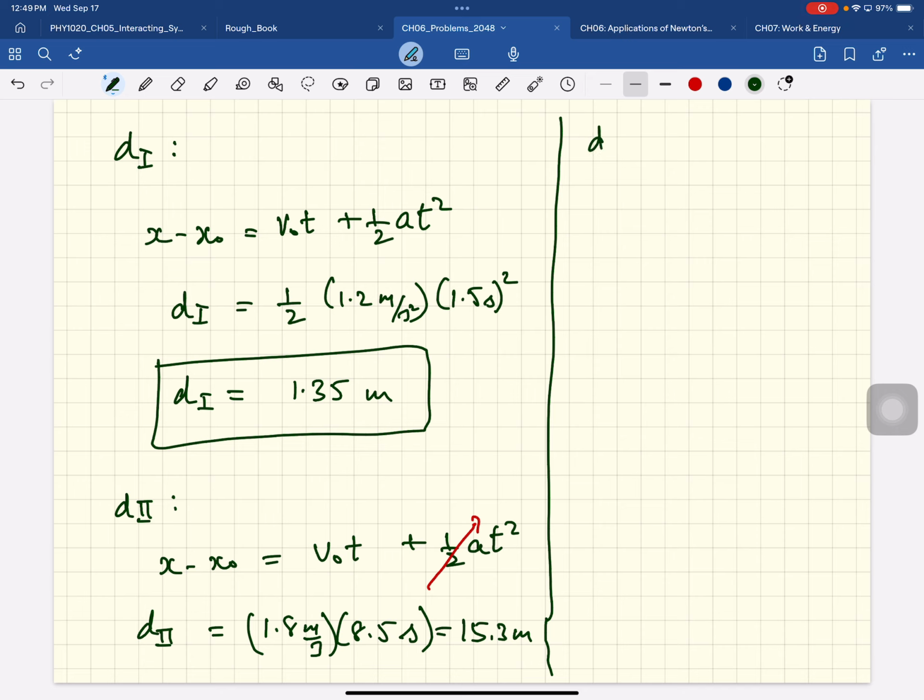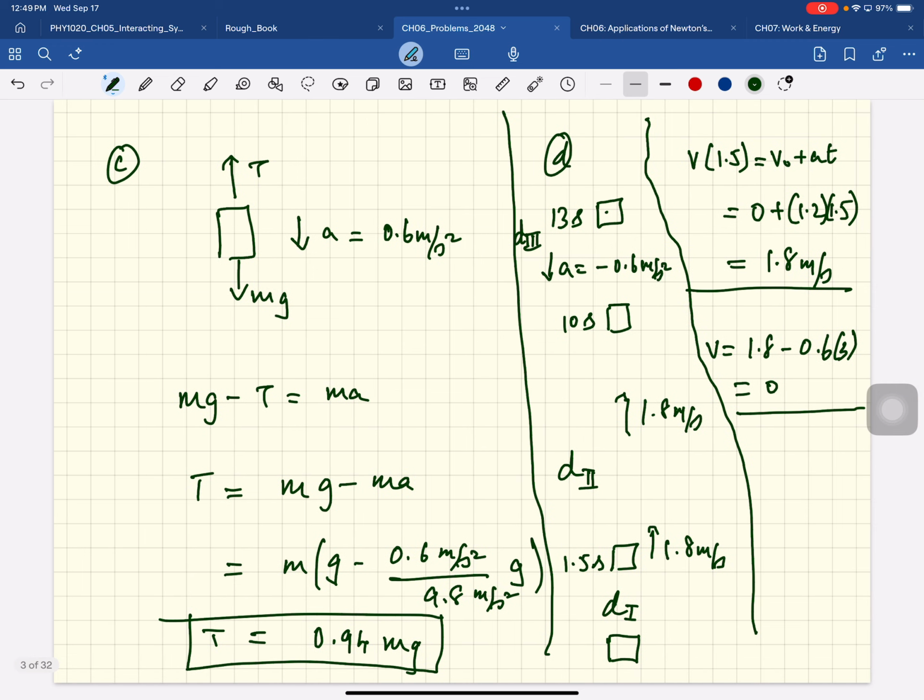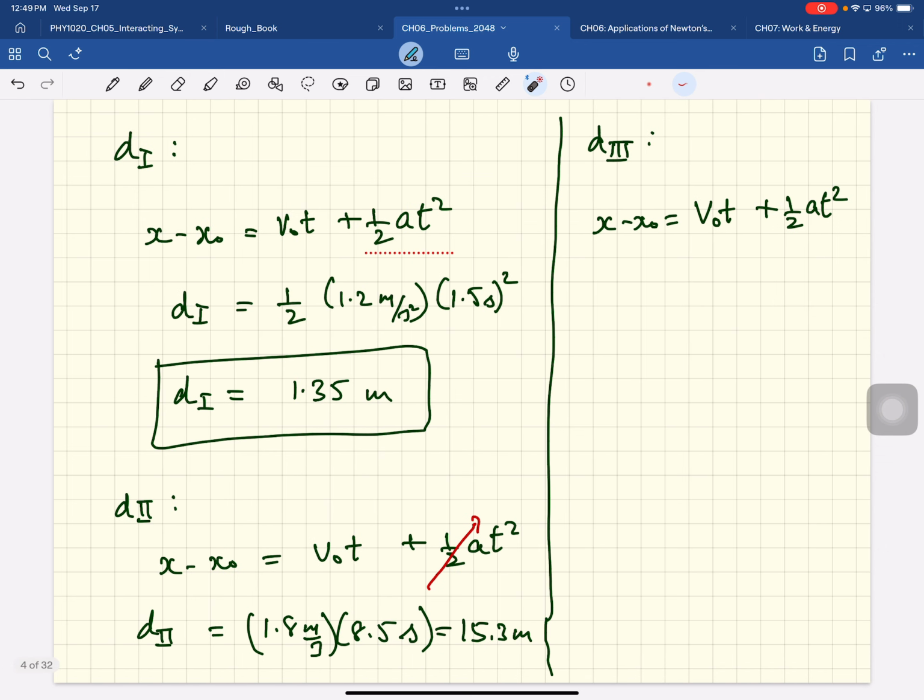And then the last leg of the journey. So x minus x naught equal to v naught t plus 1/2 at squared. So now we're looking at this leg of the journey. This is D3. What is v naught here? 1.8 meters per second.